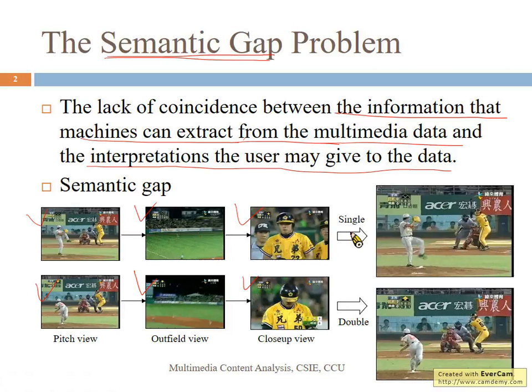For example, for the first sequence, this player hits a single, and in the other, this player hits a double. And a single and a double have different meanings. If you understand baseball games, you will know that a double is more important than a single because a double is more probably going to lead to a score.